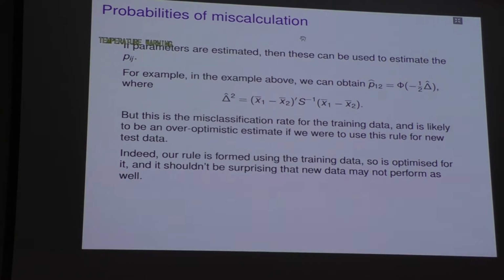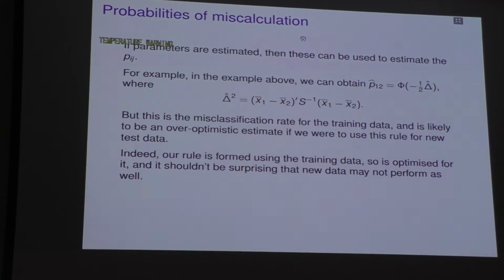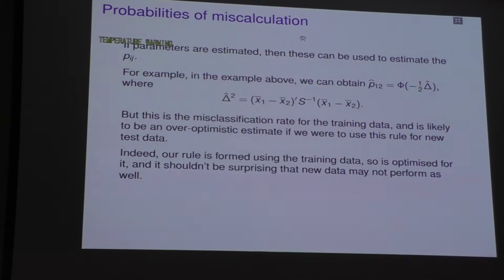Maybe this is actually the wrong model, and we're underfitting in some sense. There's a bias because we're using the wrong model, or maybe we're choosing so many parameters that we're overfitting.